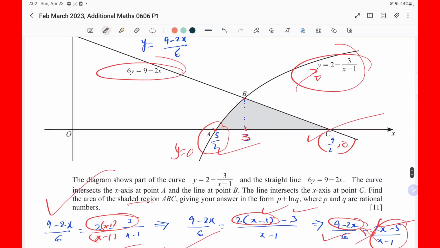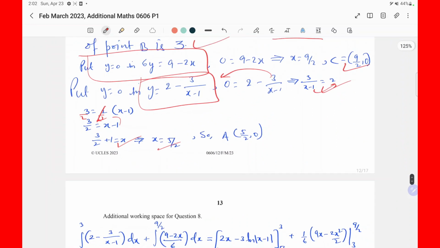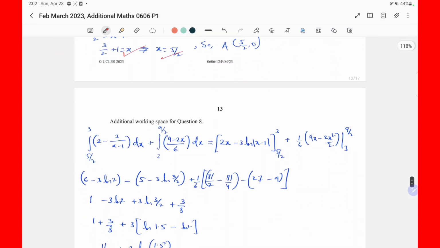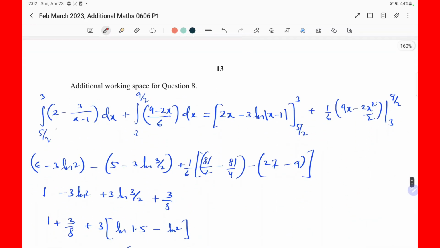Now it's very simple. Just we have to integrate this curve from 5 over 2 to 3. And then this straight line from 3 to 9 over 2. Okay, so just this is simple. It's nothing. 5 over 2 to 3, this is my curve. And 3 to 9 over 2, this is your straight line.